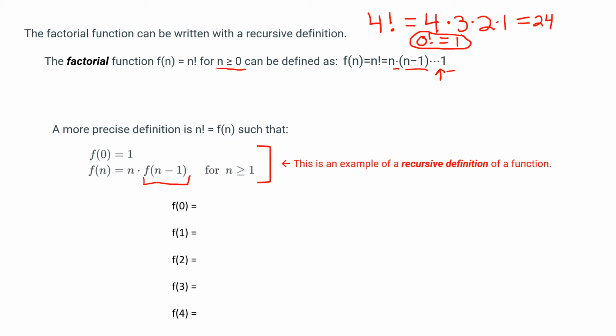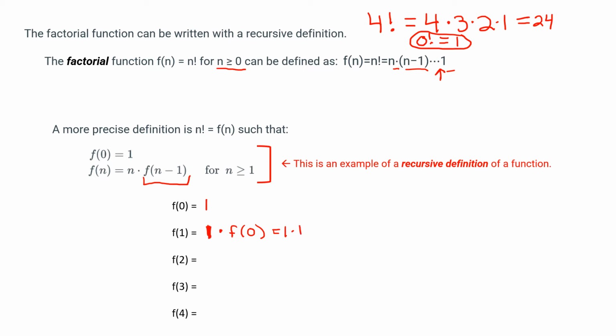So let's first look at f of 0. F of 0 by the definition is equal to 1 because we have that up there. Then f of 1 is going to be the value of n, which would be 1, times the value of the function at the previous integer, which would be 0. So it's 1 times f of 0.